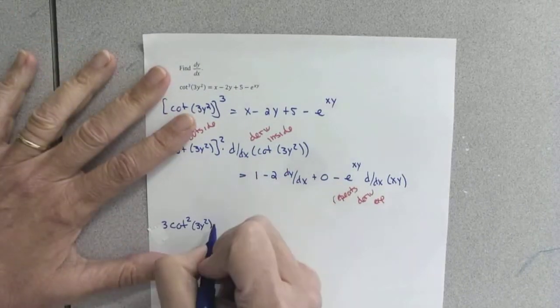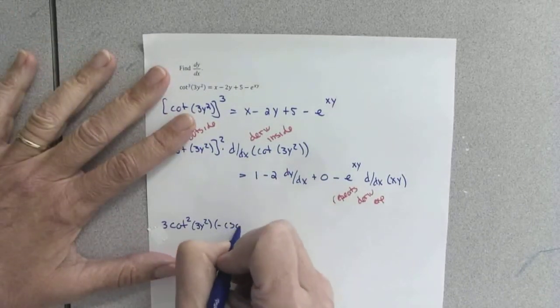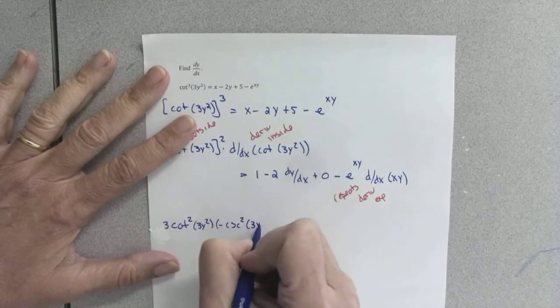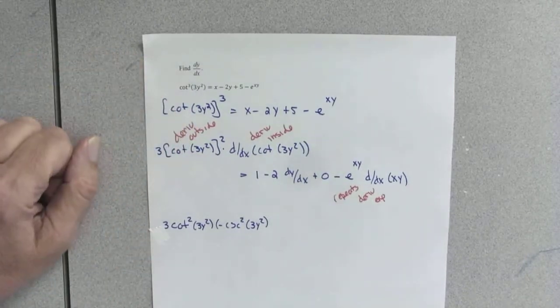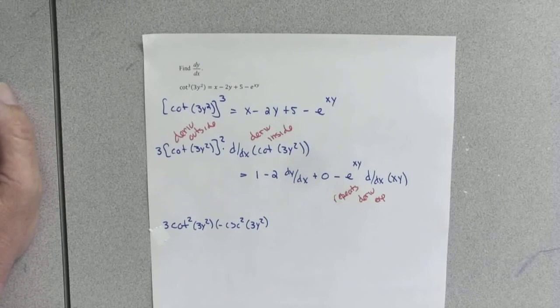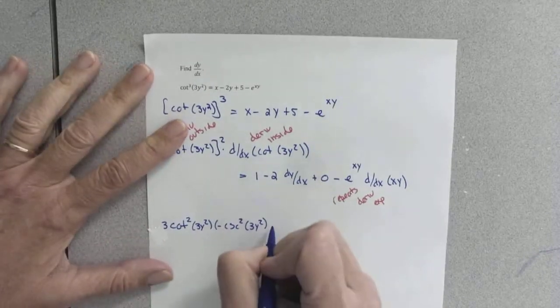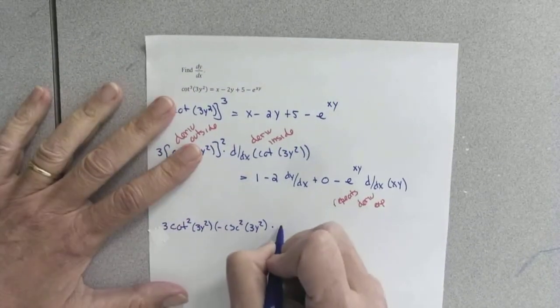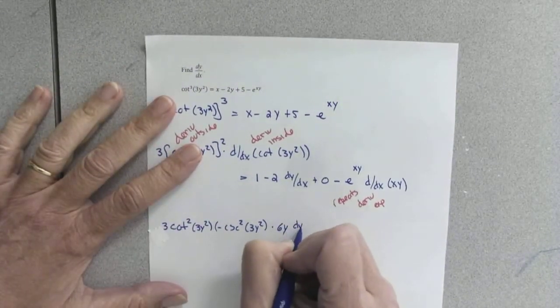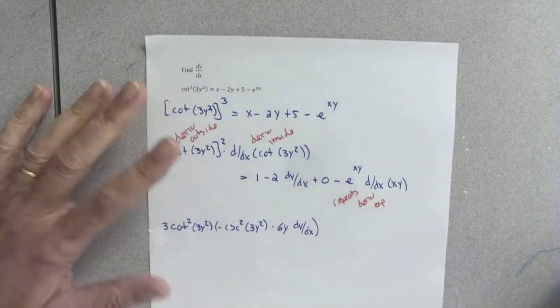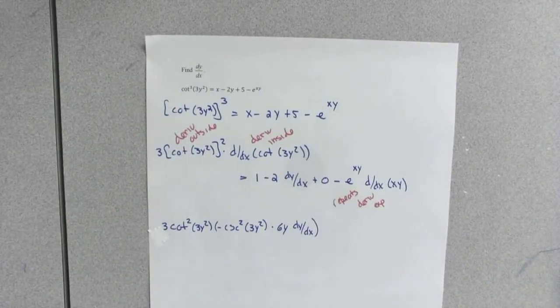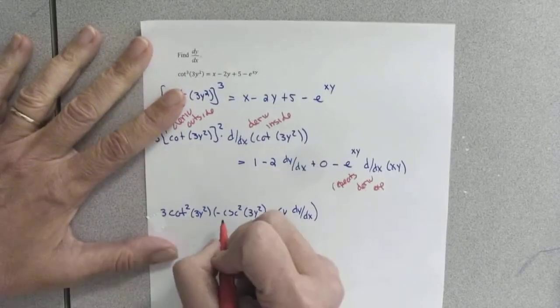The derivative of the outside, derivative of cotangent, is negative cosecant squared. But I don't change the angle. Then another chain rule, derivative of the inside. Derivative of 3y squared would be 6y. But I just differentiated y, so dy dx.